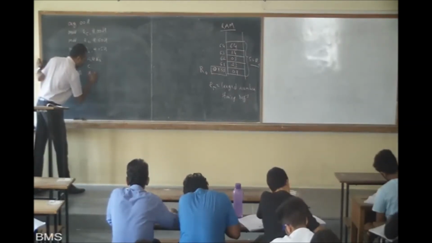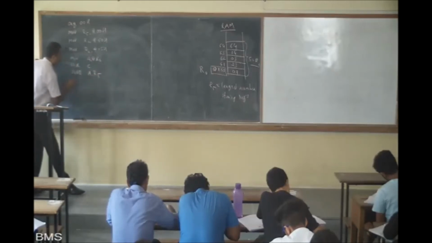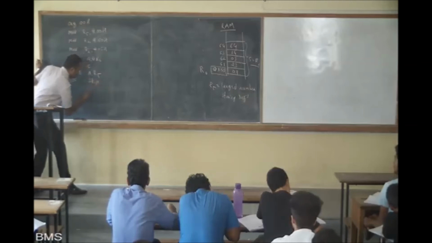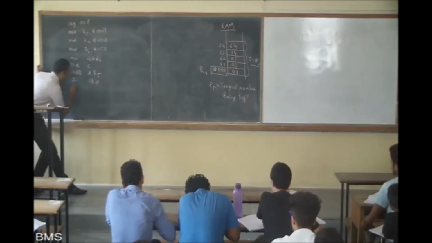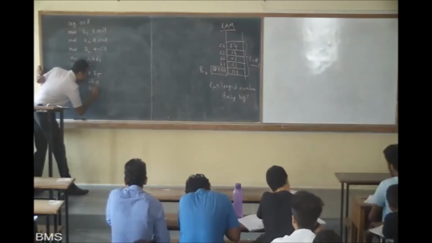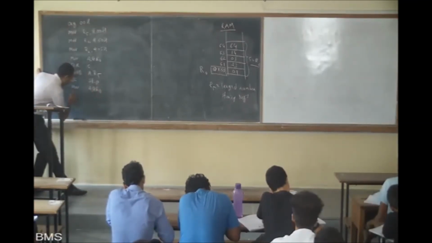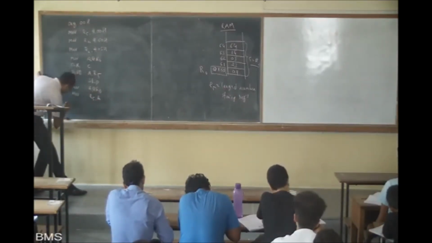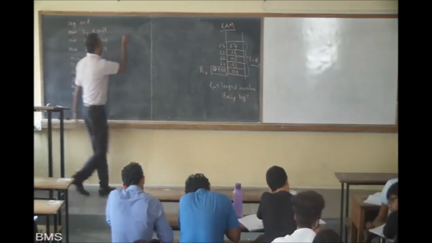SUBB A comma R5. Then jump on carry to skip. In this what you have to write? Move at or not, move. If I write it is not visible, I will write it here.